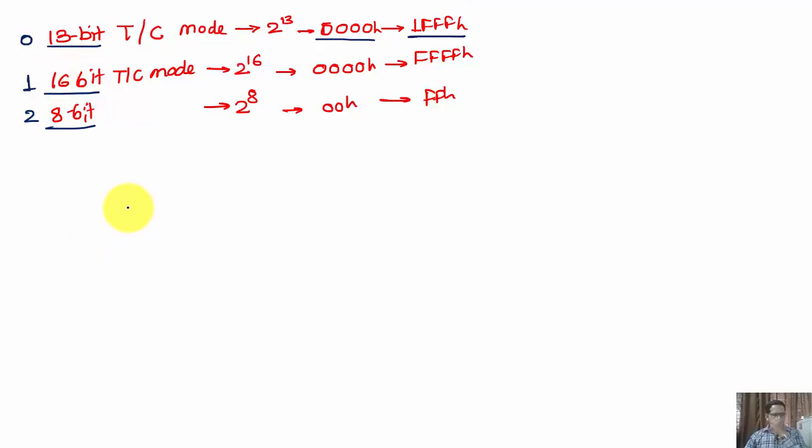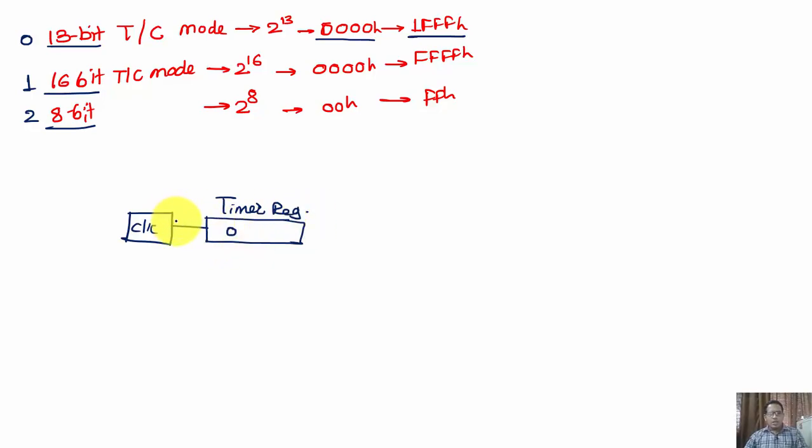As we have seen in the internal architecture, we have a clock source, and from this clock source the pulses are provided to the timer register. Suppose the timer is first going to work in mode 0.